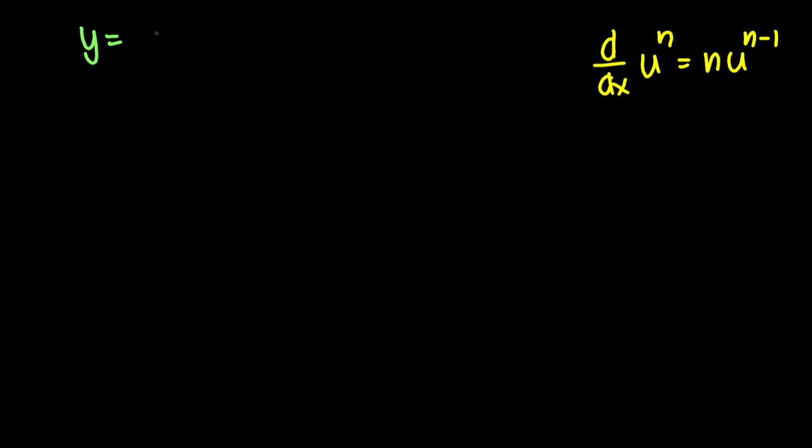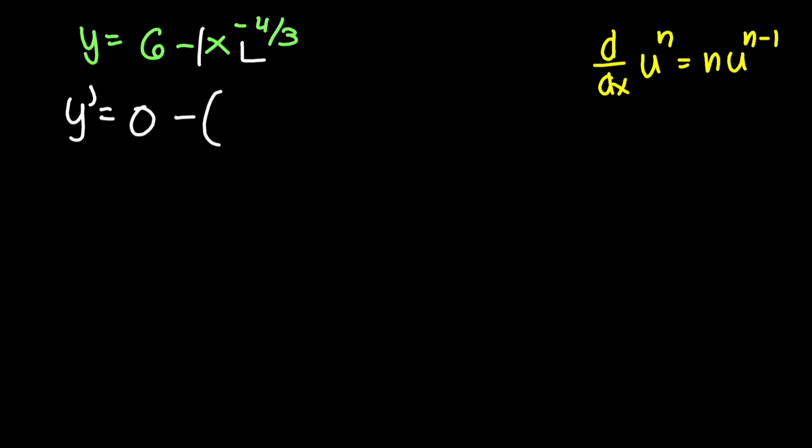Y equal to 6 minus x to the power of -4 over 3. This one again, y prime would be equal to the derivative of 6, which is a constant, is 0, minus 1 multiplied by -4/3 would be equal to -4/3 x, and to the power of -4/3 minus 1 would be equal to -7 over 3.